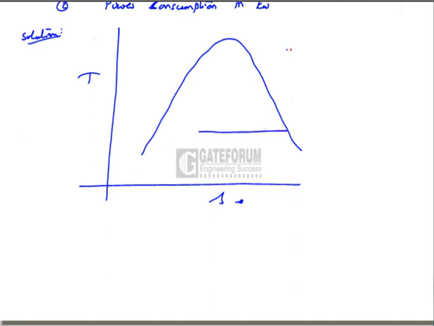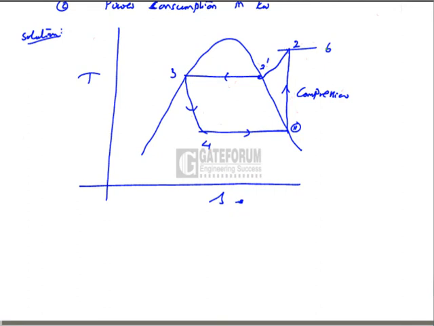We shall indicate, assuming a simple dry saturated cycle, 1, 2 dash, 2, 2 dash, 3, 4. This is compression. He has given this temperature as 65 degrees centigrade, and this temperature, condensing temperature, is 35 degrees centigrade. Evaporating temperature is minus 25 degrees centigrade.